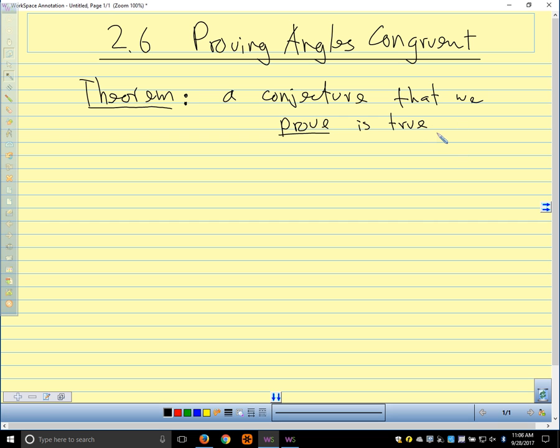And to prove that it's true, we're going to use properties. We're going to use postulates. We're going to use definitions. And once we prove a few of them, we use other theorems.